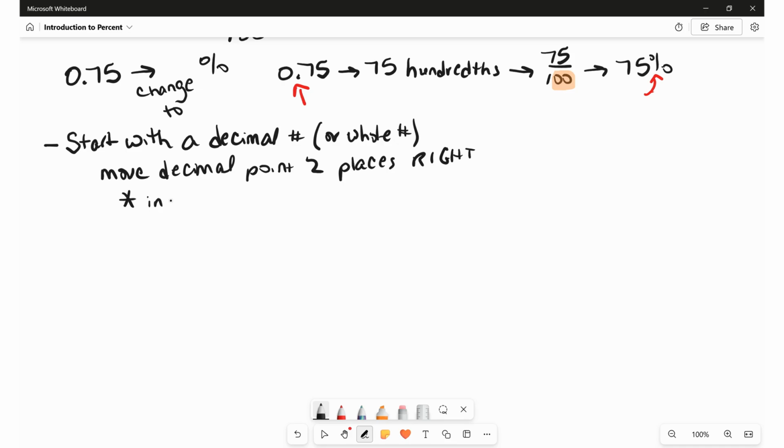In other words, multiply by 100. So, some examples.